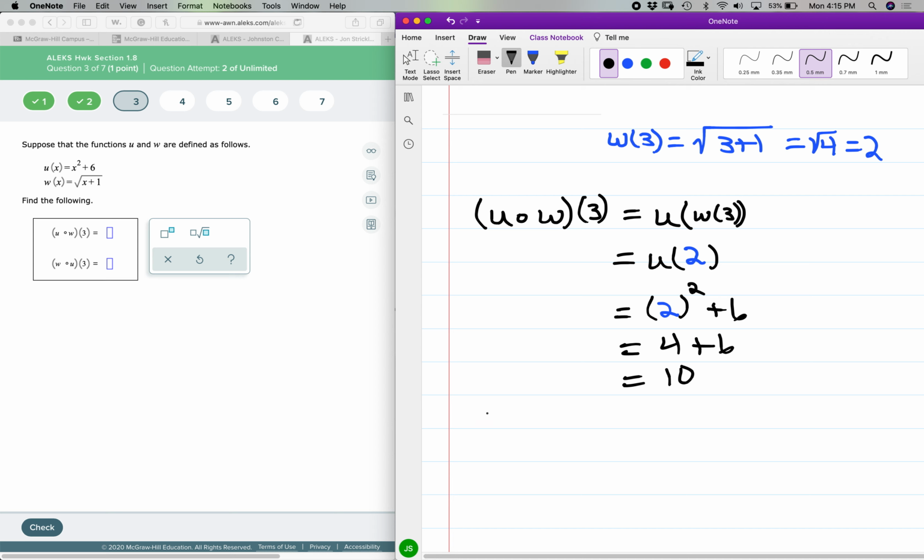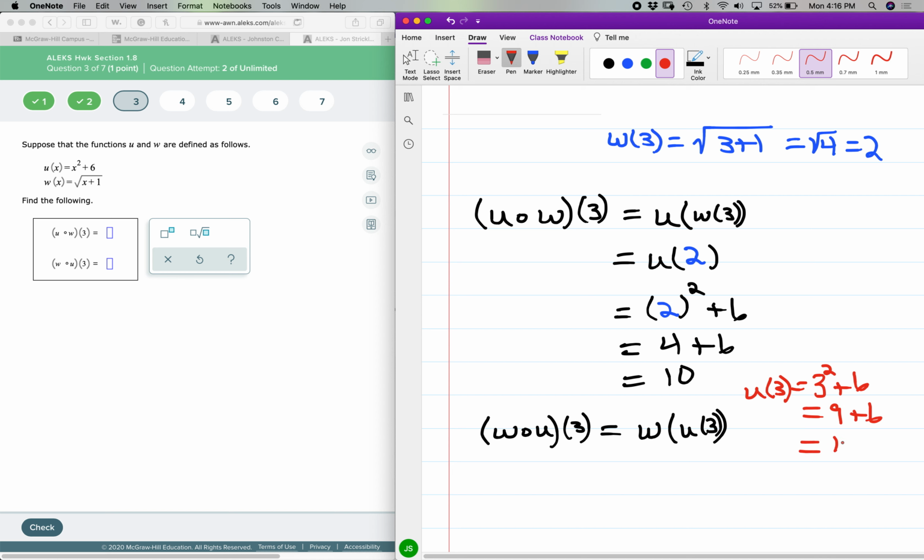And if we reverse the order, so we have w composed with u of 3, so we have w of u of 3. For u of 3, we're going to have 3 squared plus 6. 3 squared is 9 plus 6, which comes out to 15.